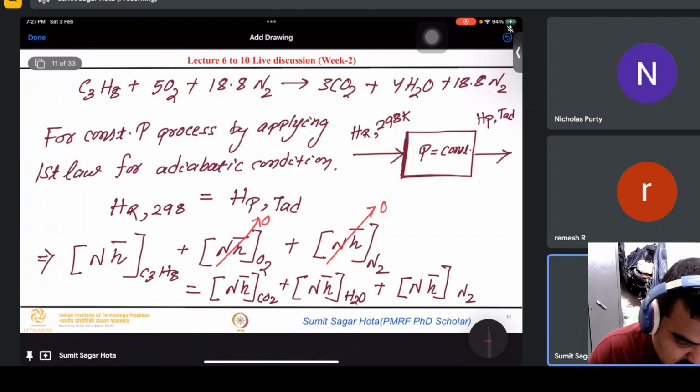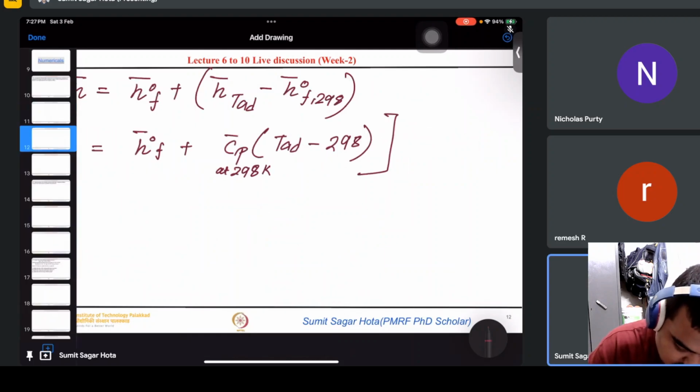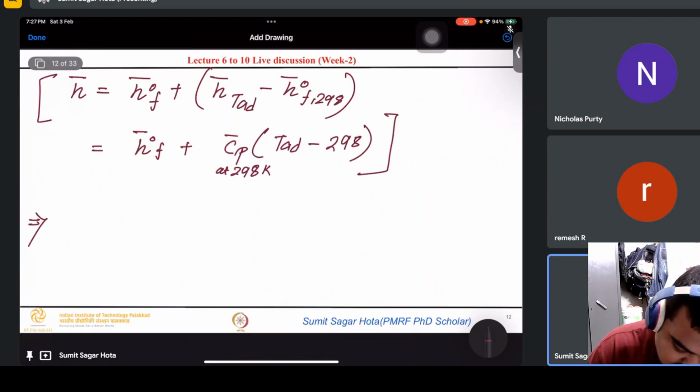H bar is the enthalpy of formation plus Cp delta T. Okay, we just have to substitute in this form. On the reactant side, there is no sensible enthalpy. We just have the enthalpy of formation of the propane.